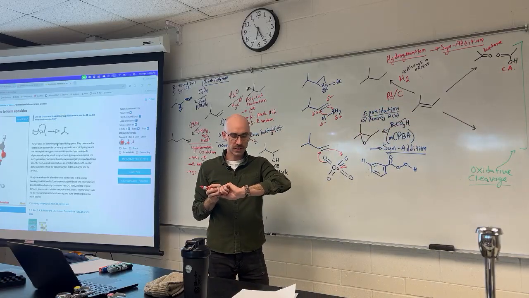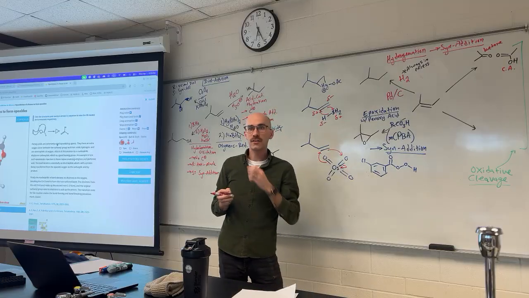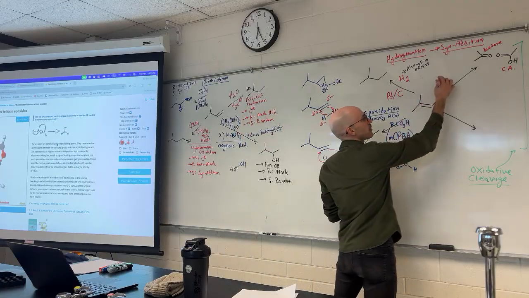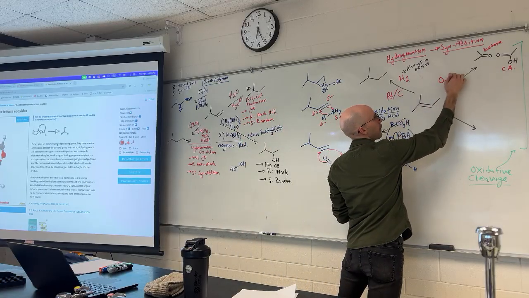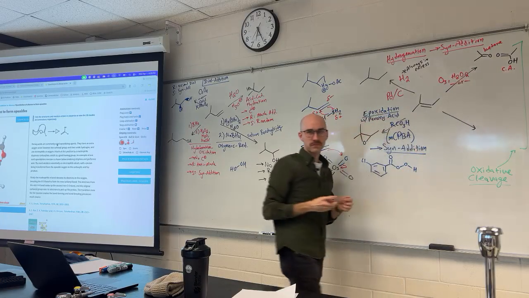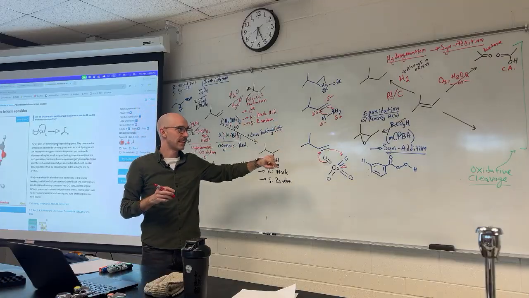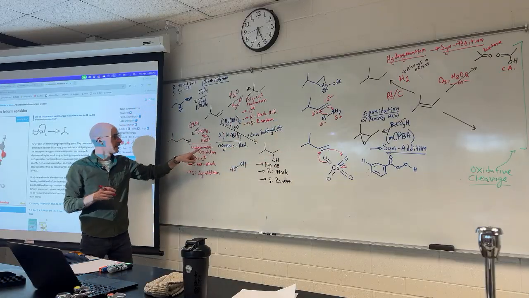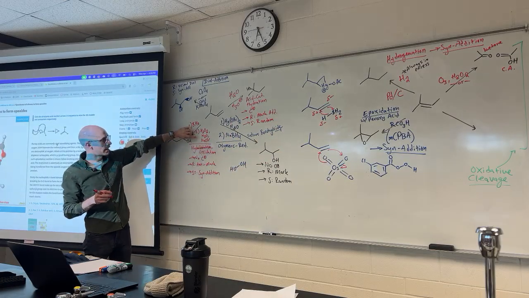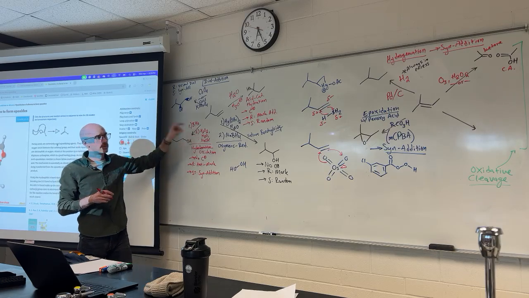There are two reagents that can run this reaction. One is oxidative ozonolysis. So that is O3 with H2O2. H2O2 is acting as an oxidizing agent. It also acted as an oxidizing agent in hydroboration oxidation.